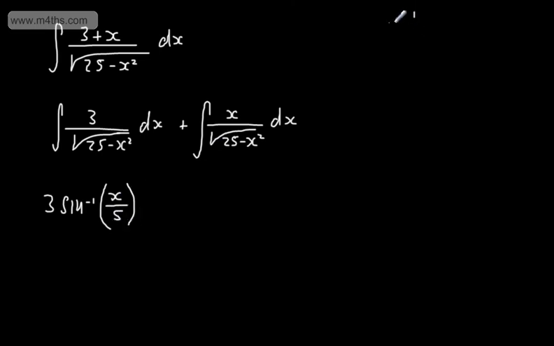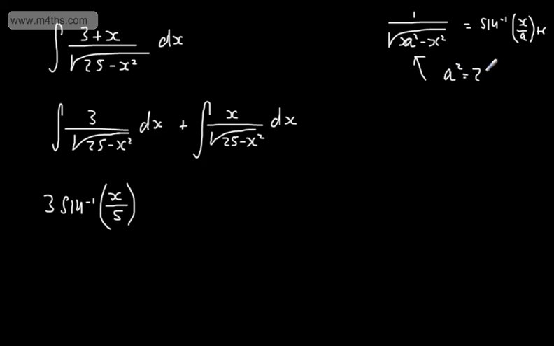We know that if we have 1 over the square root of a squared minus x squared, this will give us now the inverse sine of x over a plus a constant of integration. So in this particular case, we have a squared is equal to 25, so a is going to be equal to 5. And we have now 3 lots of that. So we've got this one dealt with.